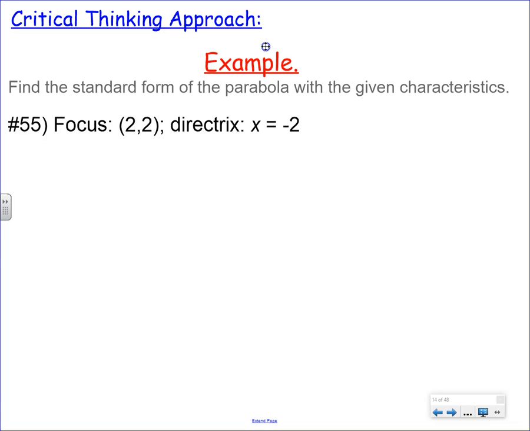All right, graph both clues and then see if you can figure it out. They did not give you the vertex. Ooh.